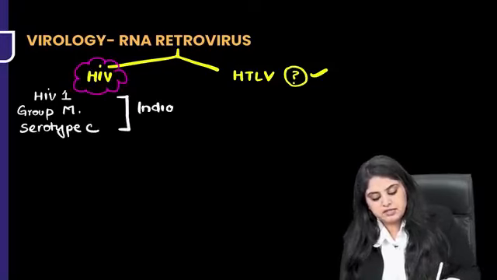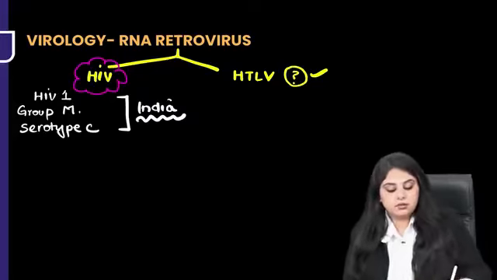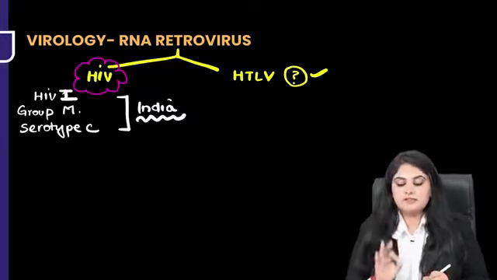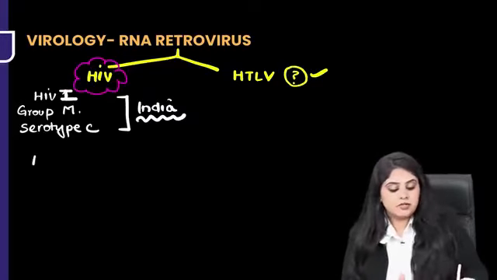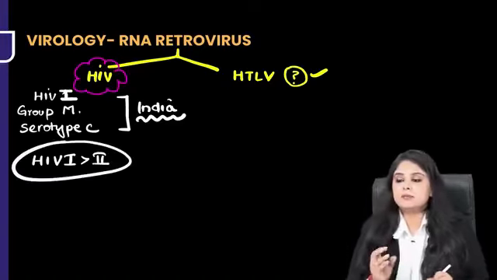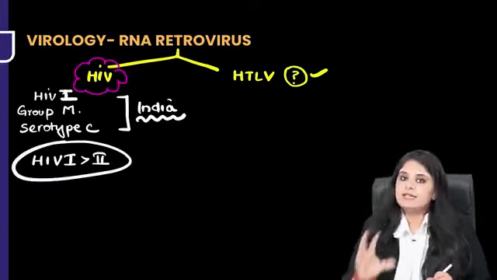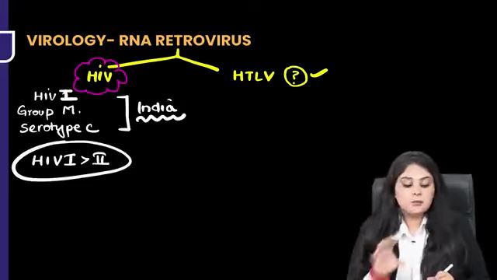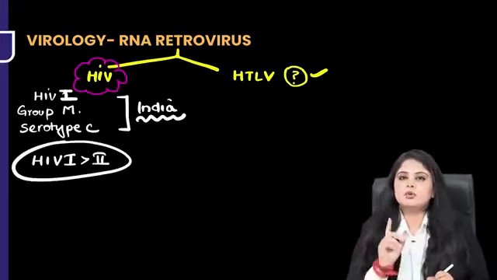So remember, HIV-1 group M, serotype C, is the one that we encounter most commonly in our country. But of course, we encounter HIV-2 also. So whenever you say that, ma'am, HIV test is being done, we test for HIV-1 and HIV-2. Okay, the testing is for both, but HIV-1 is more common. And remember, group M, serotype C is common in our country.